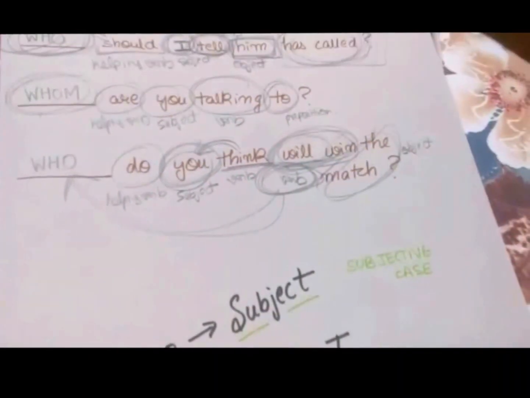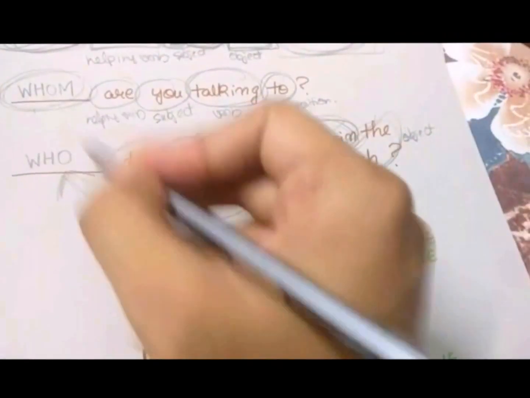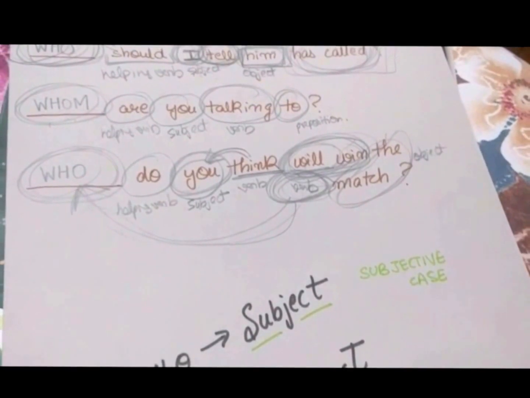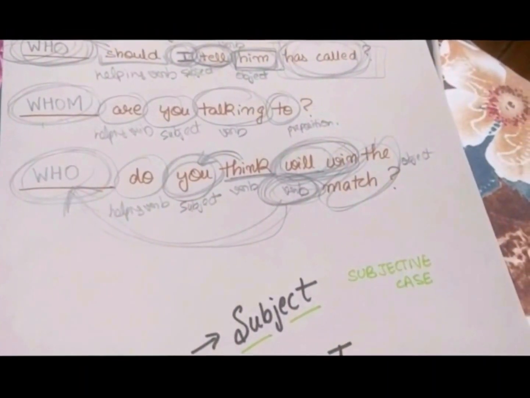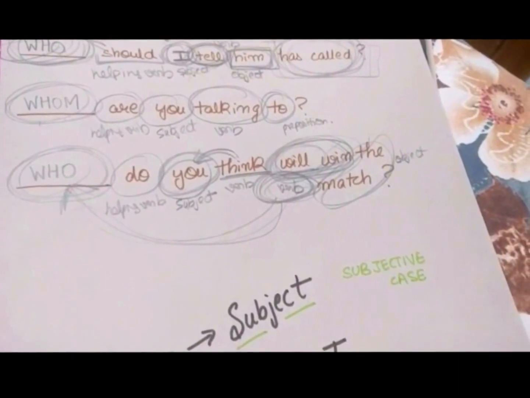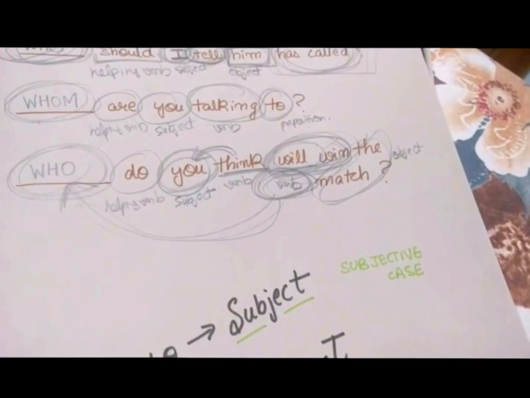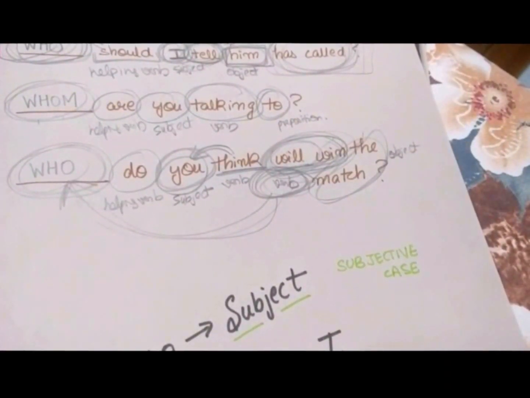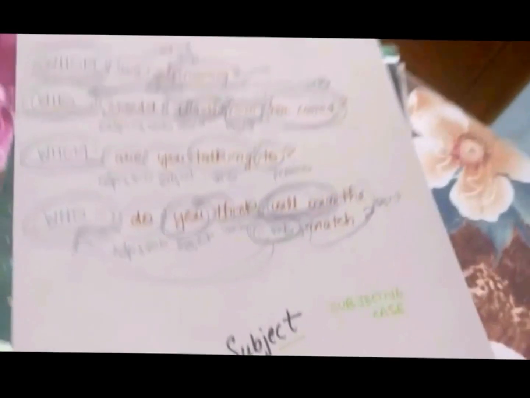So this free verb will win is associated to the blank. So the blank would be subjective case, and it will have who. So who do you think will win the match? The do is the helping verb, you is the subject, think is the verb that's associated to you, then will win is the free verb that is associated with the blank, the blank that will have a subjective case who, and the match is the object.